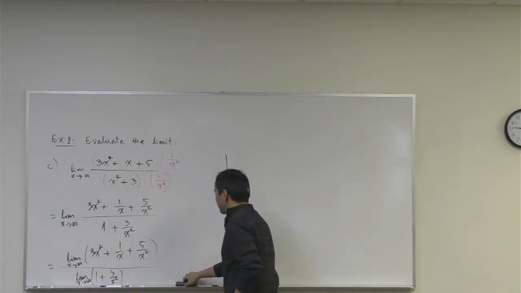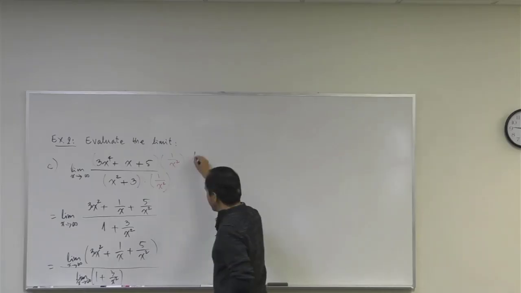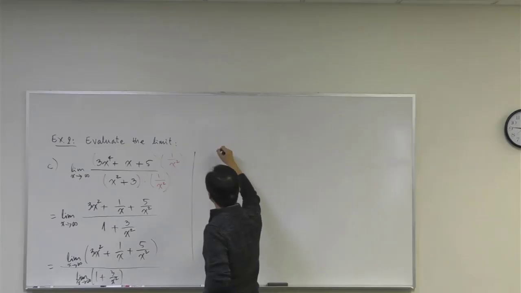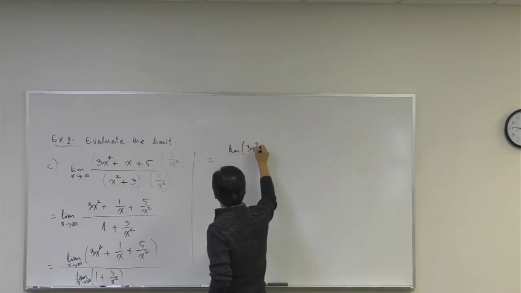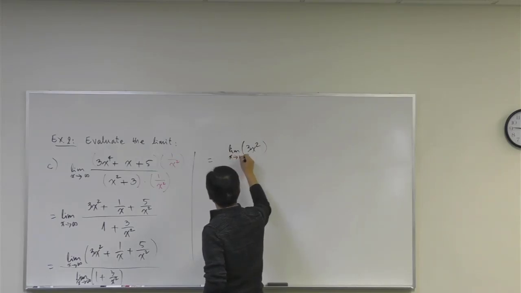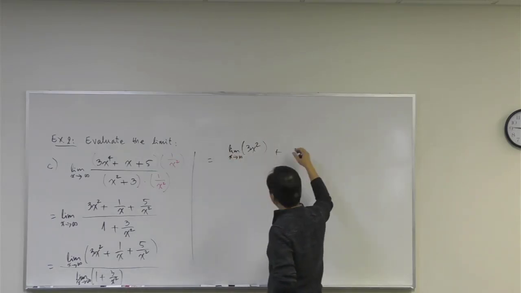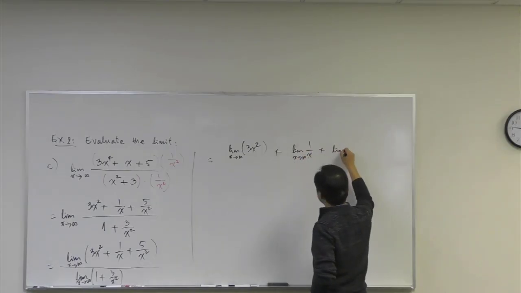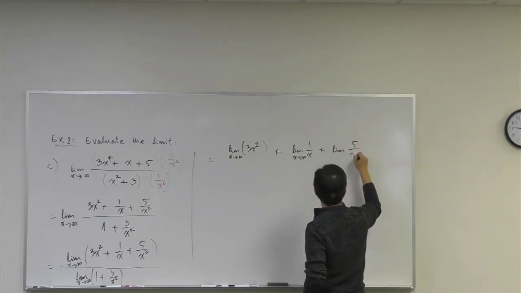And then again, further basic limit laws allow me to find the individual limits of each of these terms. So here I'm looking at the limit for the 3x squared term as x gets close to infinity, plus the limit for the 1 over x as x goes to infinity, plus the limit for the 5 over x squared term. Okay. You guys are still with me?